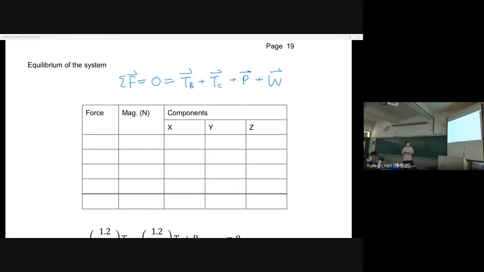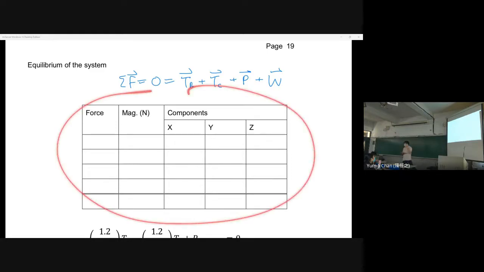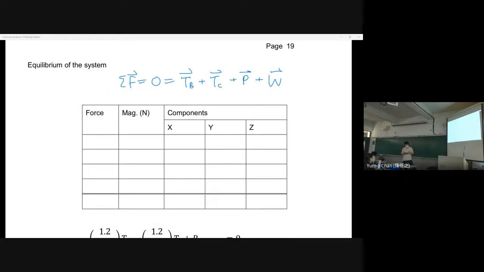Now we have this one, and same as 2D, we simply write a table for 3D. If you forget this, it is on notes page 11.